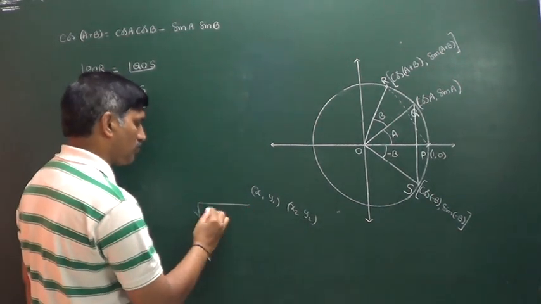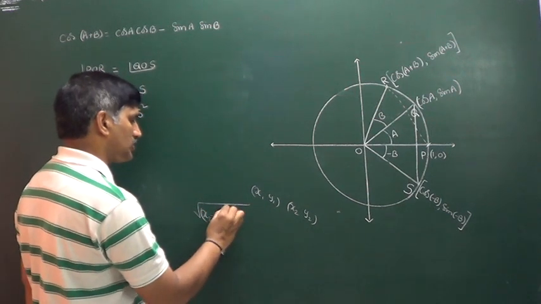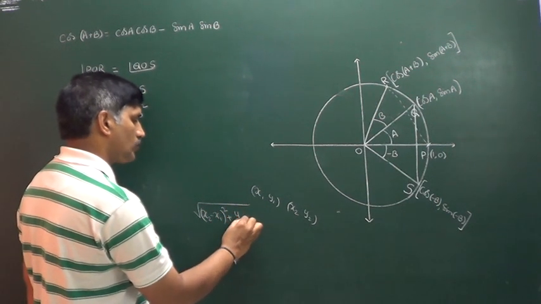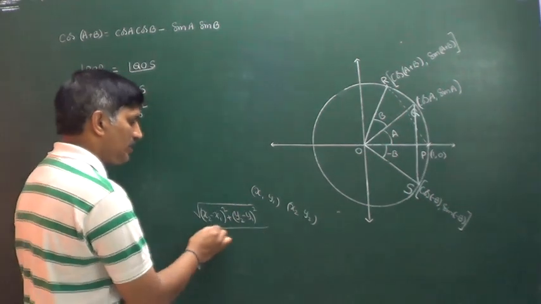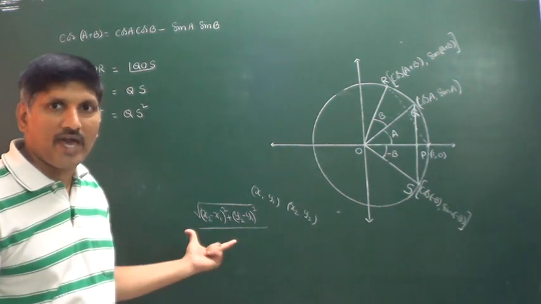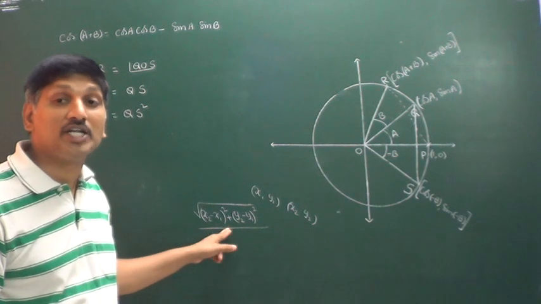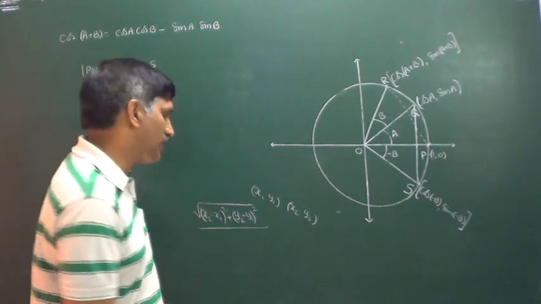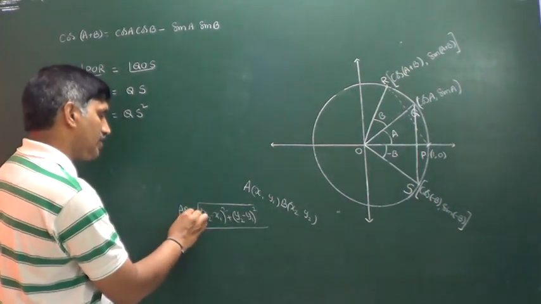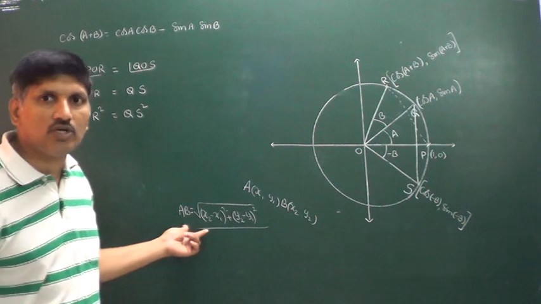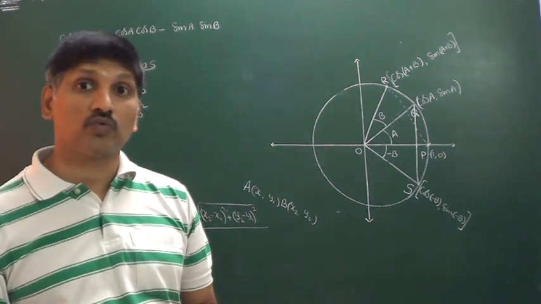It can be found using the formula: the square root of (x2 minus x1) whole square plus (y2 minus y1) whole square. For points A, B, we write it as AB.